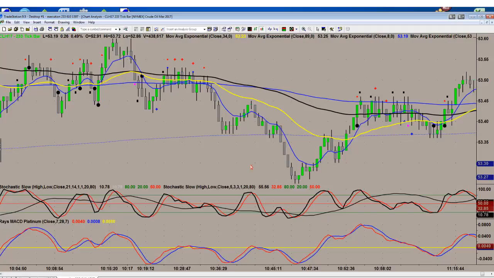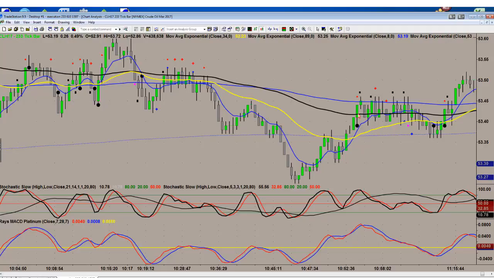Here is our cross above 89. Well, we're touching all of this right here. We now have the 89 here. We have an 8 above the 34, and it's running right into the 89 and the 200.